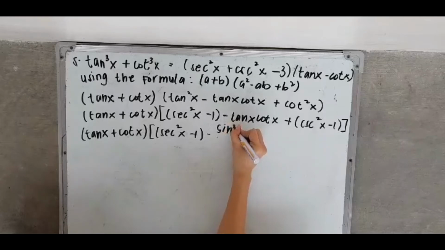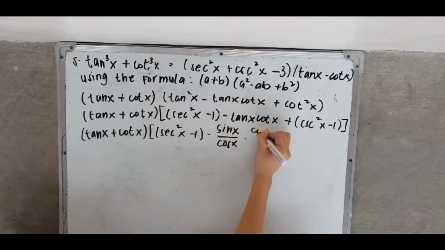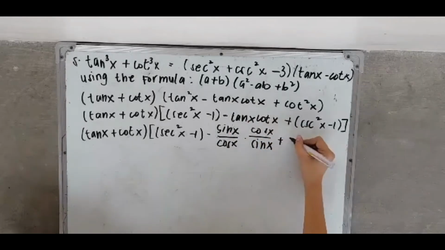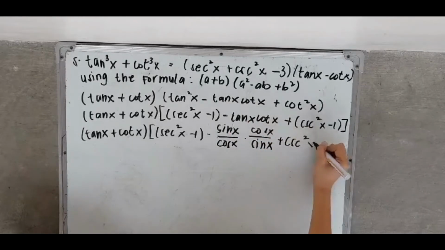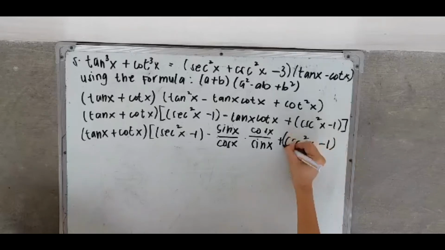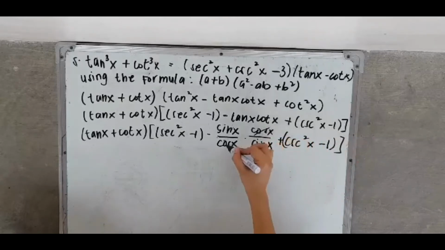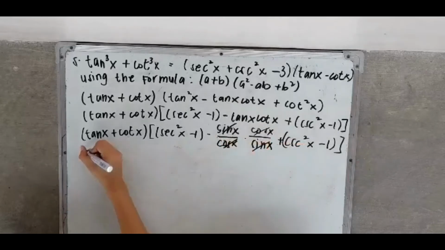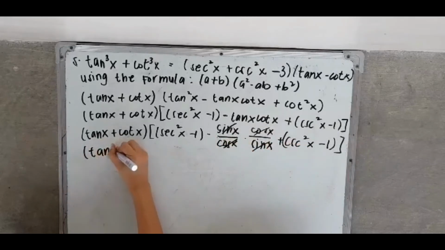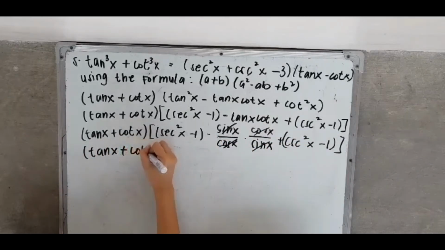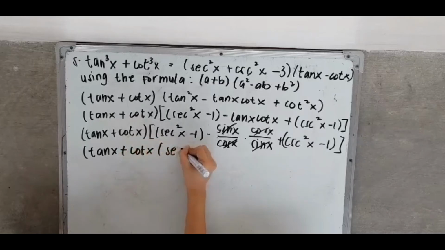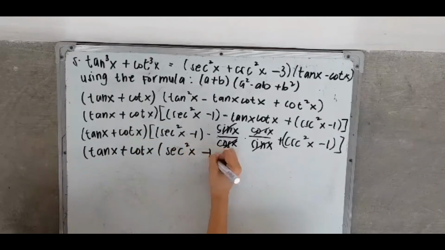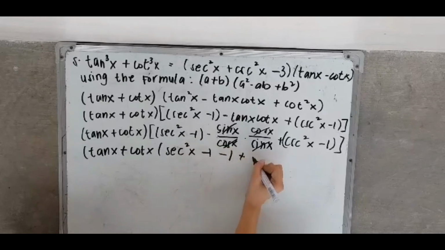Using the ratio identity, tangent x is sine x over cosine x, and cotangent x is cosine x over sine x. We will now distribute negative, so it will be secant squared x minus 1 plus cosecant squared x minus 1.